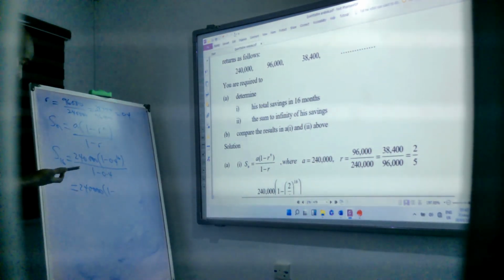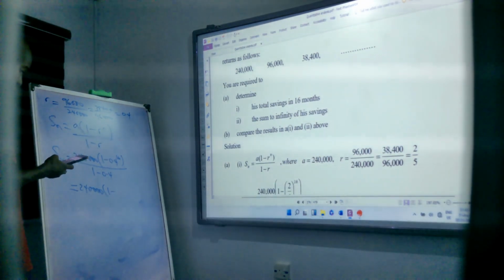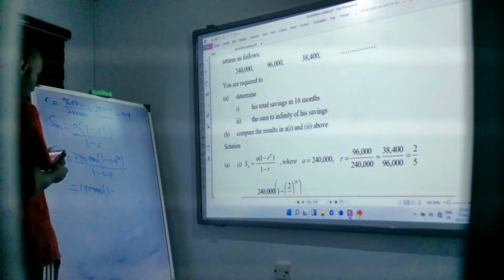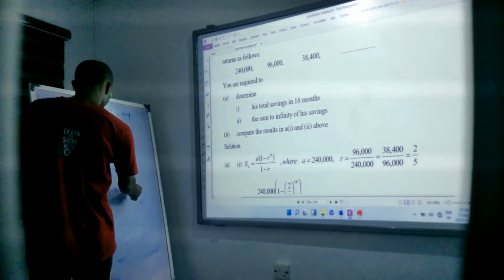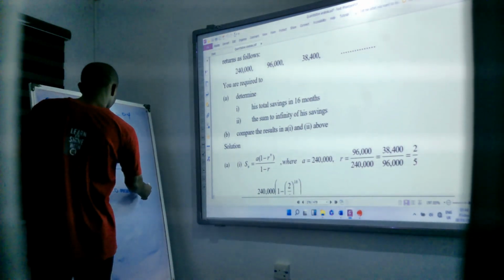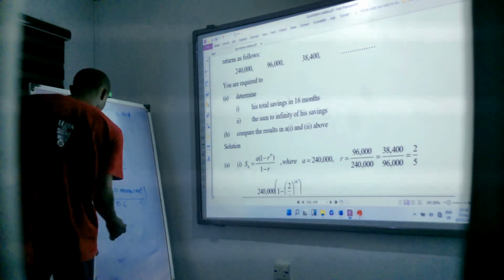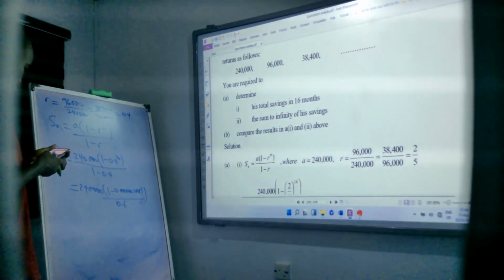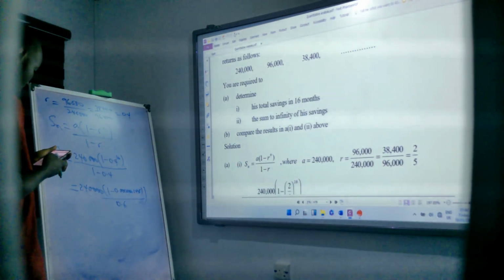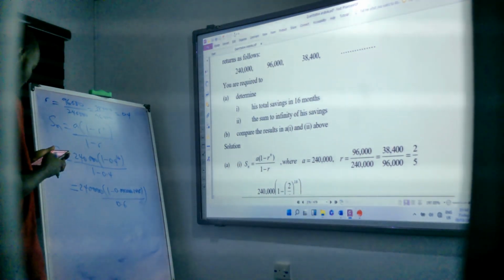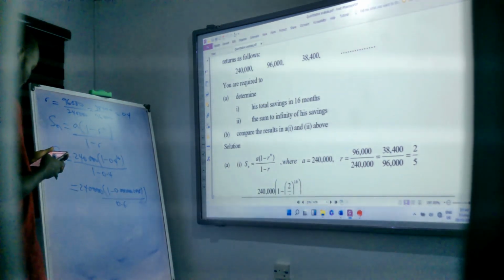So we have 240,000, 1 minus, what is 0.4 to the power 16? It's actually 0.00002495 over 0.6. So let's do that please. I will say 1 minus that.